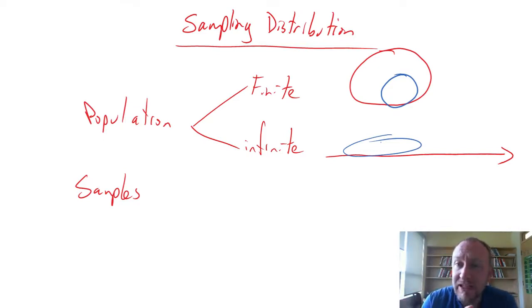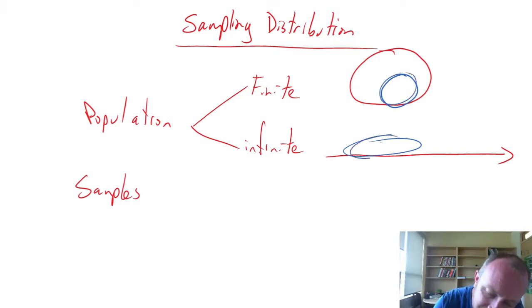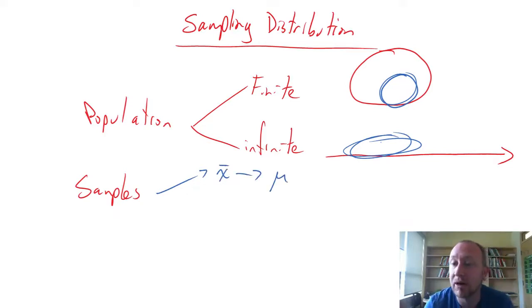What we're going to then be doing is looking at calculating point estimates. So we're going to be using information contained in those samples, and we can estimate sample means as a point estimate of the true but probably unknown population mean.